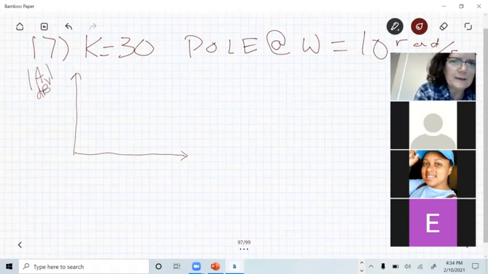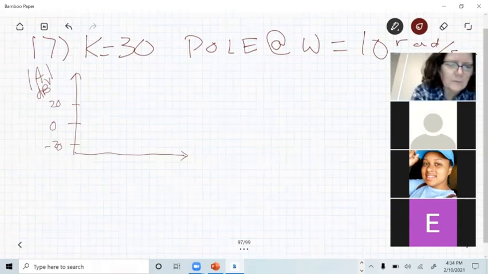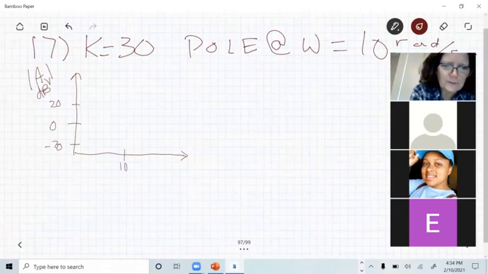It's a pole, and poles fall. So I'm going to put 0 here, and minus 20 here, in dB because I've labeled it. And this is 20. The frequency I care about here is omega equals 10, so I'm going to put 10 in here. And remember, this is omega in radians per second.